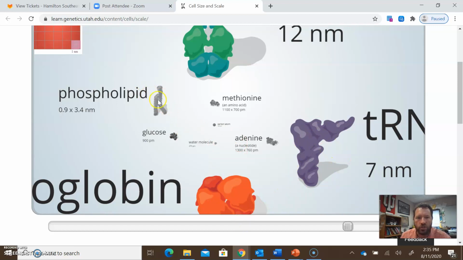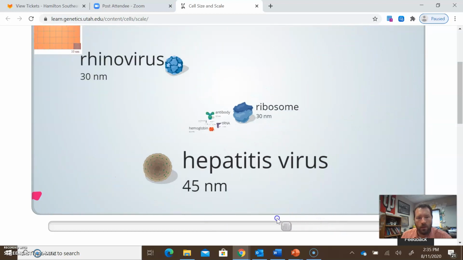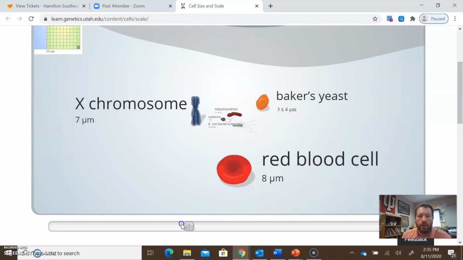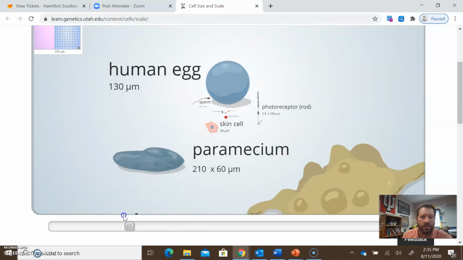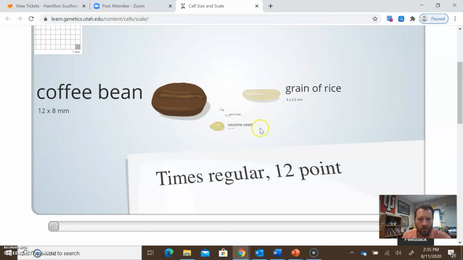So you can see how much larger these macromolecules are than the tiny itty bitty water molecule we have been talking about. And then even those macromolecules are really, really small in comparison with even just an average sized cell. You pull out, and man, there we go. Very small compared to everyday items.